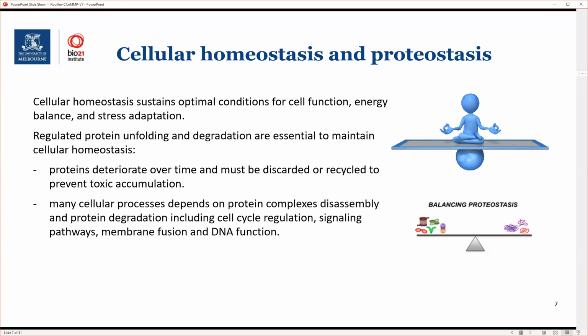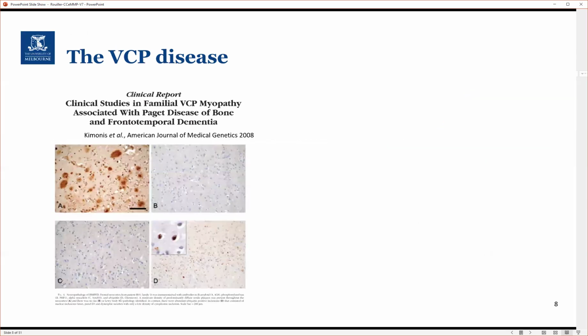First, because proteins deteriorate over time, and as such, they must be discarded or recycled, else they form aggregates in the cells that quickly become toxic. And the second reason is that many cellular processes depend on protein complex disassembly and protein degradation, including cell cycle regulation, signaling pathways, membrane fusion, and DNA function.